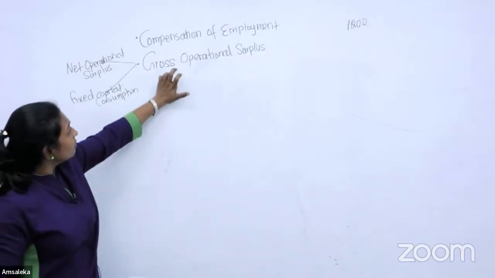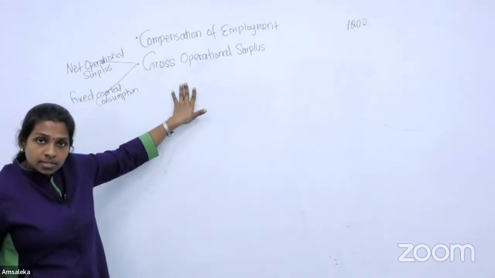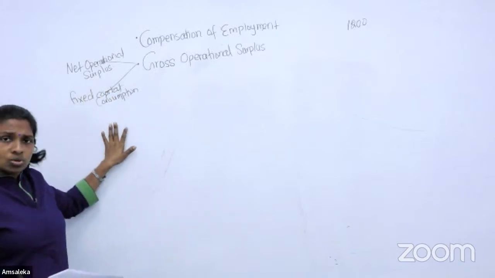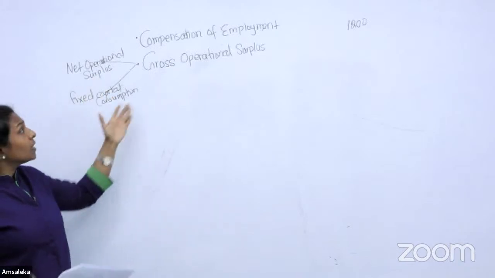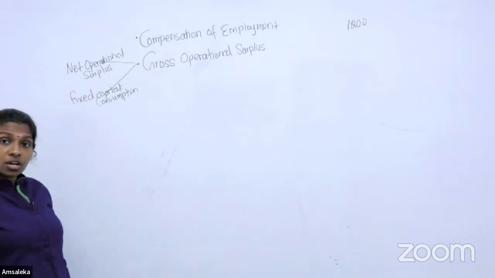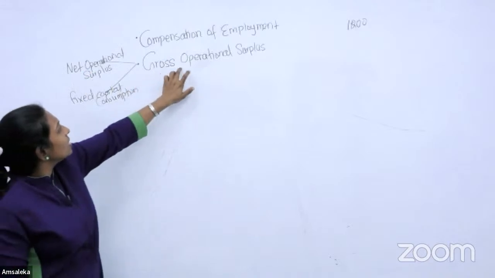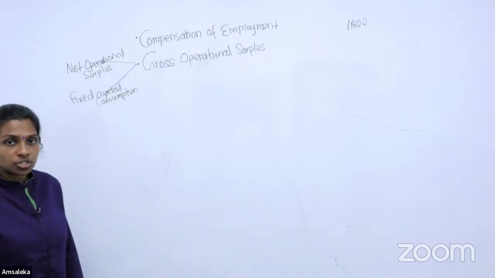Finally, we need gross operational surplus. They may confuse you by additionally giving one of these two. Why worry? We need the final answer of gross operational surplus. Or else, if these two things are given, you add them to get the gross operational surplus.